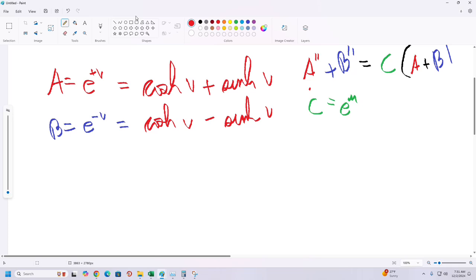So, we have A plus B is therefore equal to 2 cosh V. All right, so then what's the percentage A over A plus B?